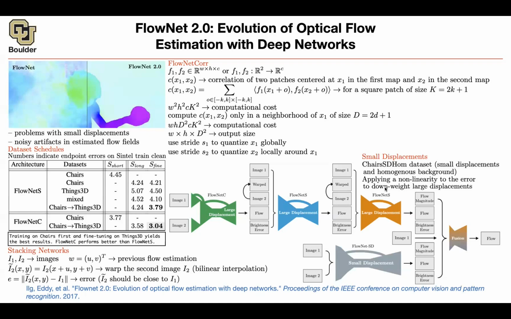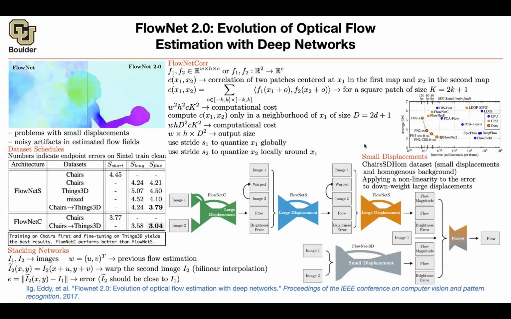The other one is whenever you have large displacements, you're going to apply a nonlinearity to your loss so that you're downweighting those large displacements. So you're forgetting about large displacements. In your loss function, you're focusing on small displacement. And in the end, you're going to get a method that is going to be as fast as you want because you can control its computational cost. At the same time, it's giving you very good estimates or errors.